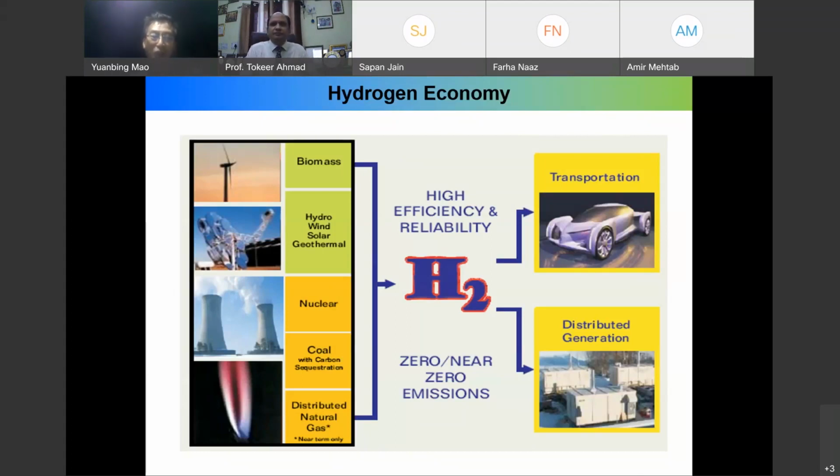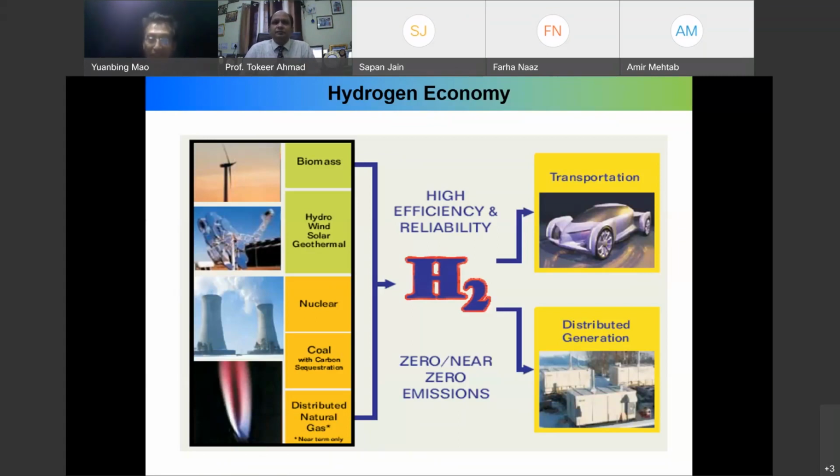I will go through the details a little bit more, but here I just want to show you schematically all these different ways to generate hydrogen, which can then be distributed and used. Why hydrogen is so useful is because of its high efficiency and reliability, especially its zero or near zero emission of greenhouse gases. So that's why people are so interested in it.